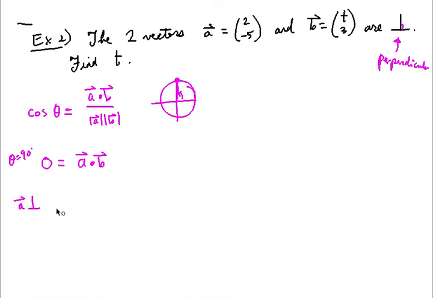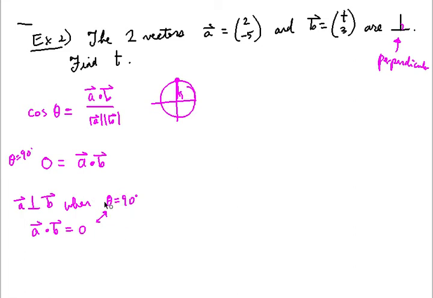A is perpendicular with B, these two vectors, when my angle is 90 degrees, and if this is true, then the dot product is equal to 0. So here's the connection right here. The dot product is 0 when the angle is 90.